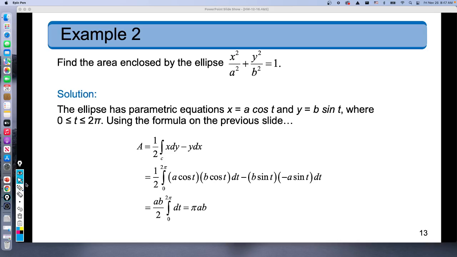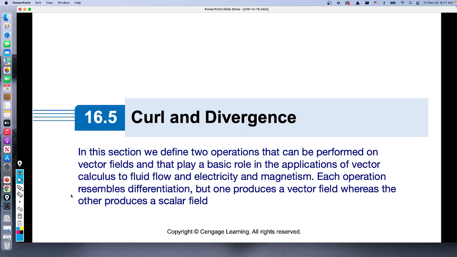The next one is we're going to talk about curl and divergence. So curl will be the first one. These we're going to be looking at derivatives, so these are going to be rates, and they are things that can be applied to vector fields. So each operation resembles differentiation.